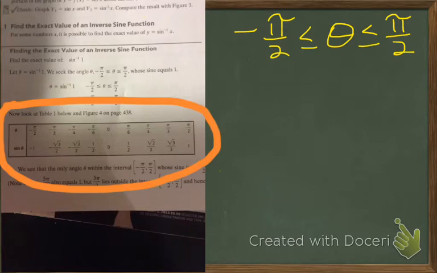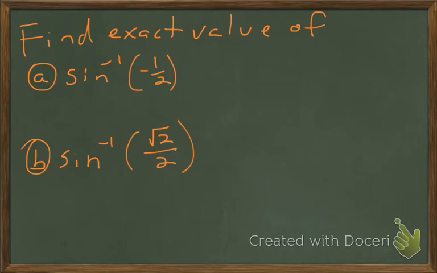When we deal with an inverse sine function, we only want to look at the numbers between negative pi over 2 and pi over 2. After that, they just keep repeating. So, to keep from confusion, we just look at from negative pi over 2 to pi over 2.